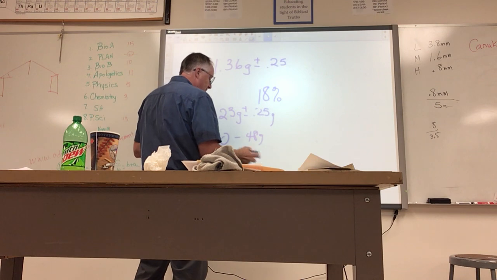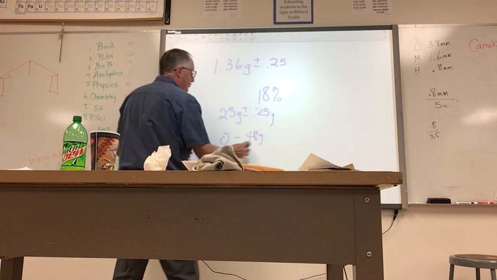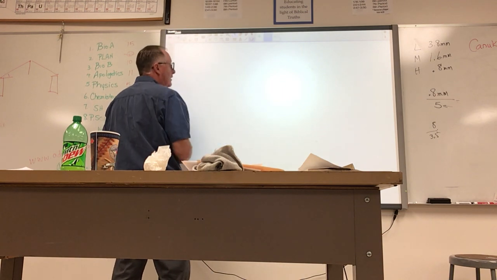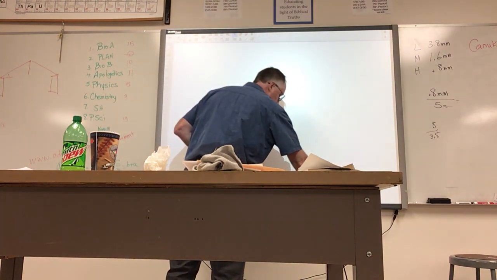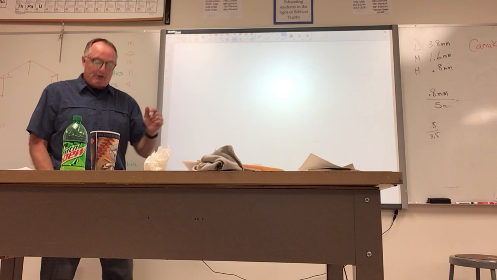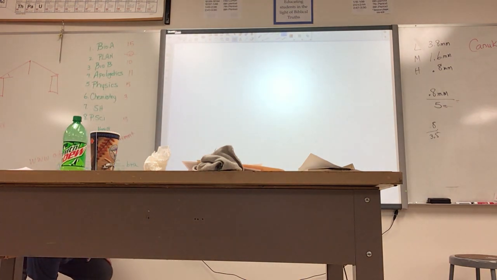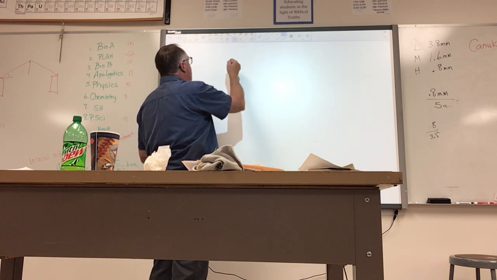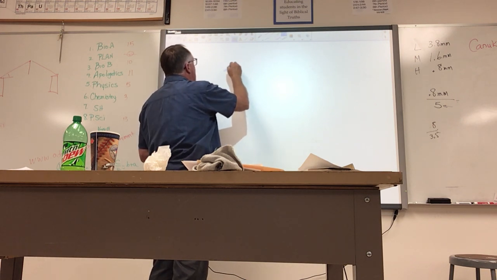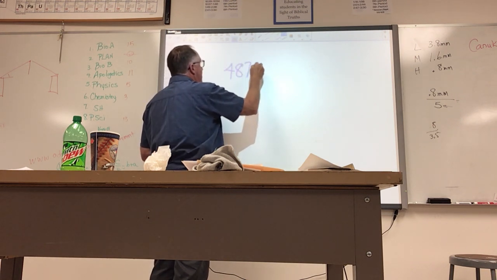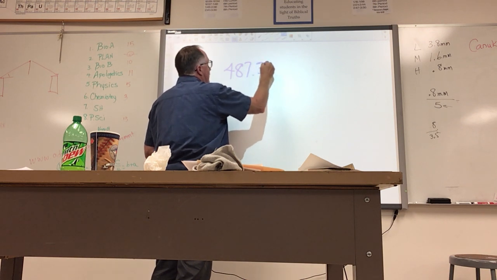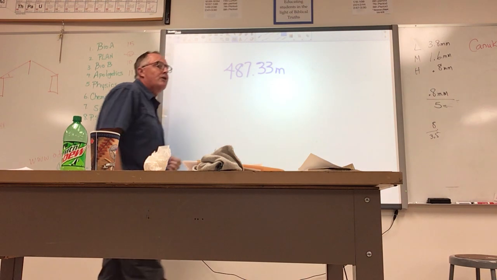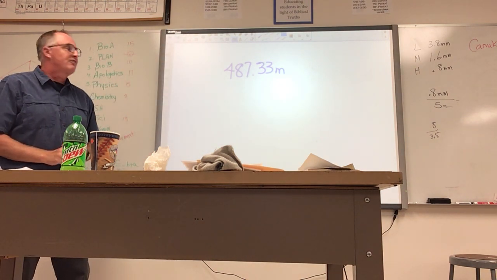Now, a lot of times, they aren't going to give you the amount of error. So if we just measure something to be 487.33 meters, and you want to know what the percent error is in that.